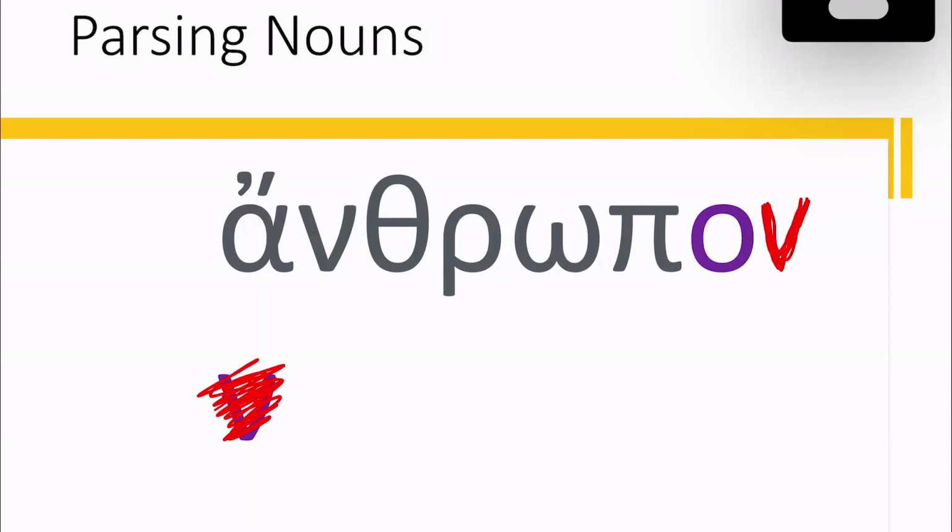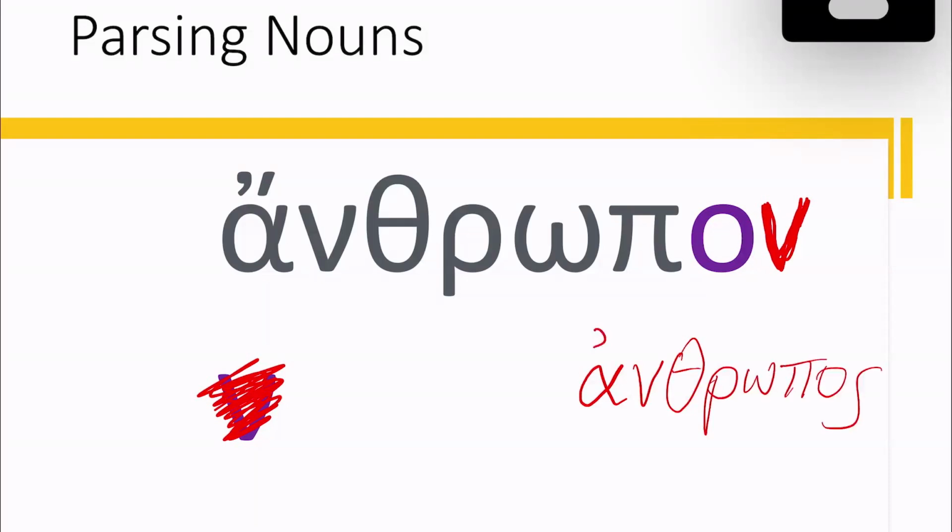Okay. So here's a word, anthropon. I know that anthropon comes from the word anthropos. I know from learning my vocab that the way that this word appears in my vocab list is anthropos. And I also know from my vocab list that the article that goes with anthropos is ho.